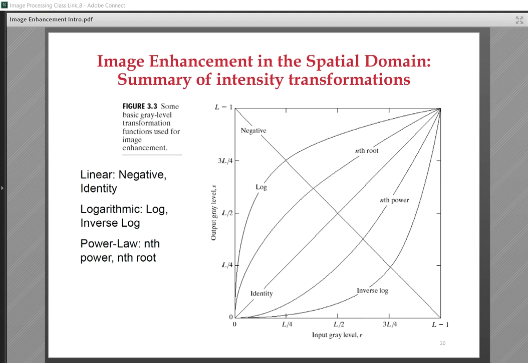But this is nth power, for example power of 3, power of 4, power of 5, and this is the inverse of power, or nth roots, for example second roots, third roots. That's right.